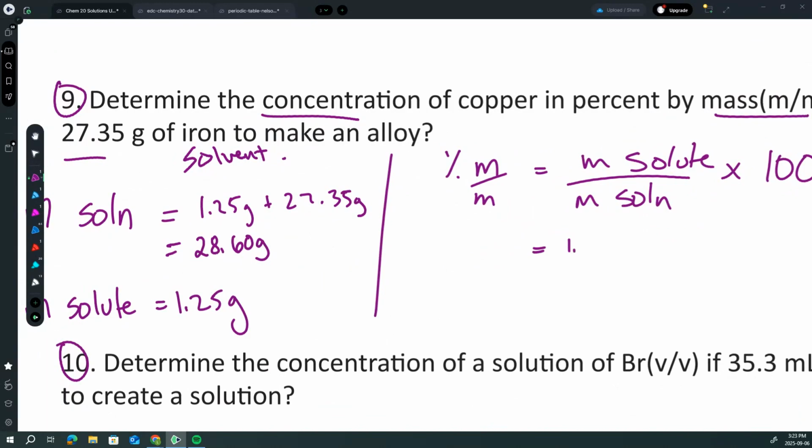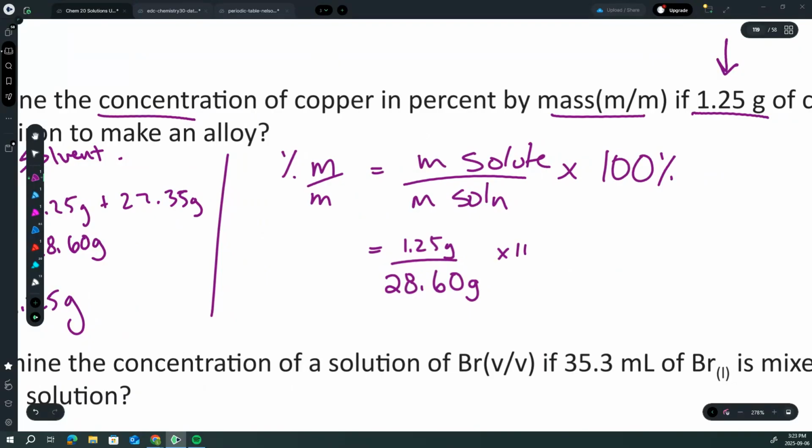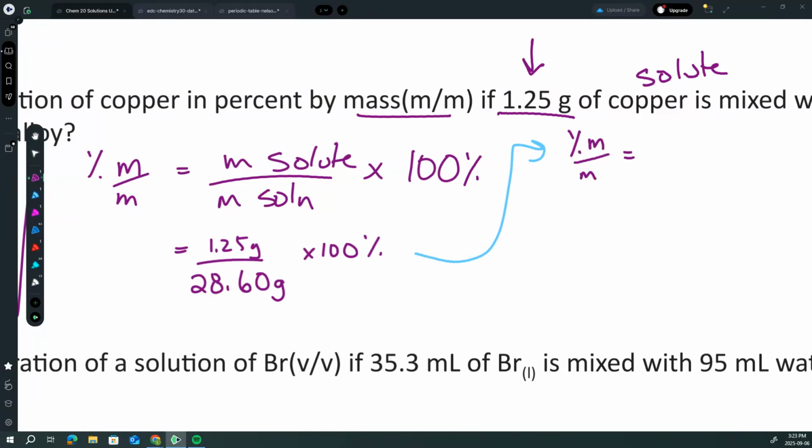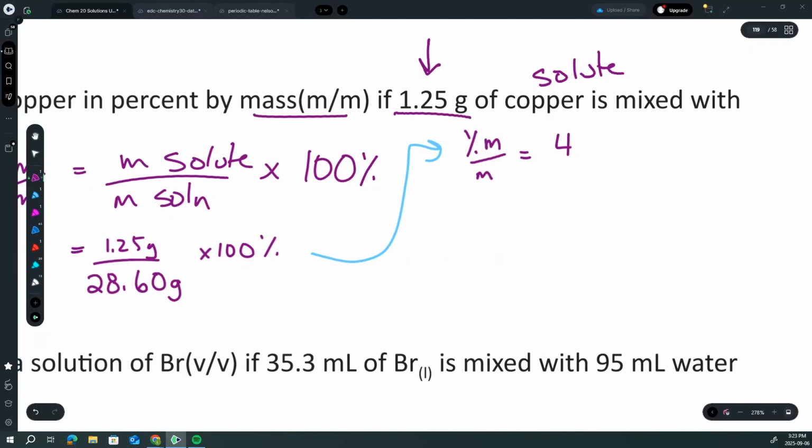Solute, 1.25 grams. Solution, that's 28.60 grams times 100%. I'm going to have to scooch this up. So percent mass by mass is going to be equal to 4.37062. The number keeps on going forever.